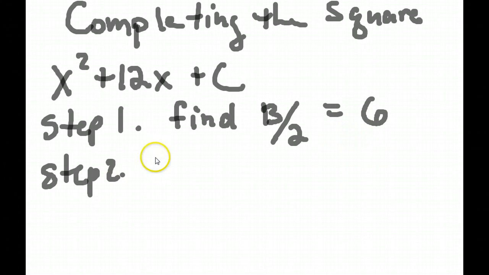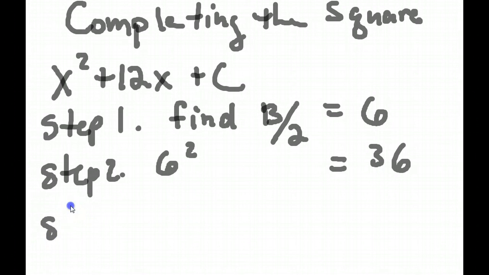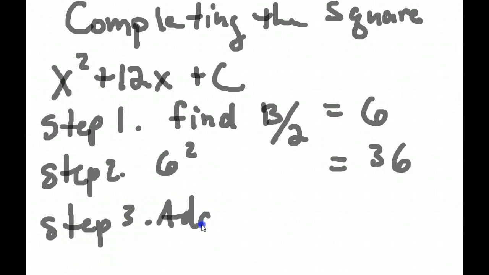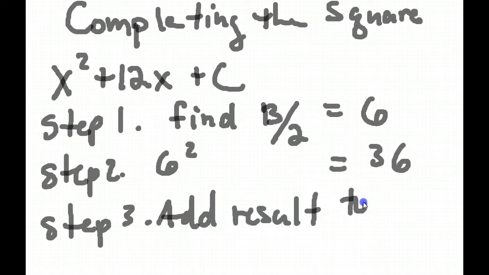So you have 6 squared, which equals 36. Step 3, add the result of step 2 to x squared plus 12x. So you add your result to your equation. No, so you add 36 to the equation? Yeah, actually it's basically replacing c with 36.